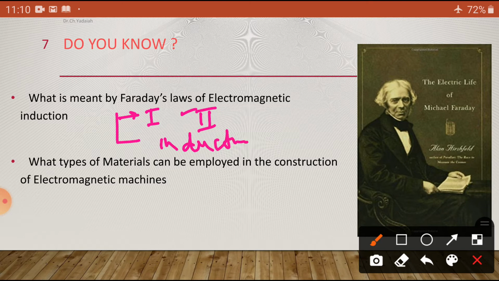Here he is saying that Faraday's laws of induction describe how an electric current produces a magnetic field. As you know, whenever current passes through a conductor, a magnetic field develops around the conductor, which you have already seen at school level.